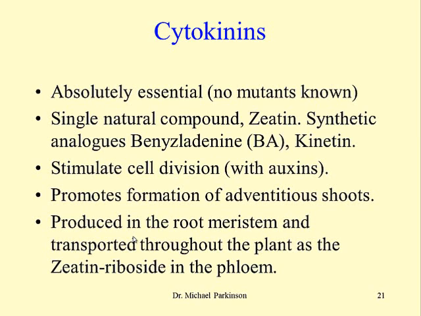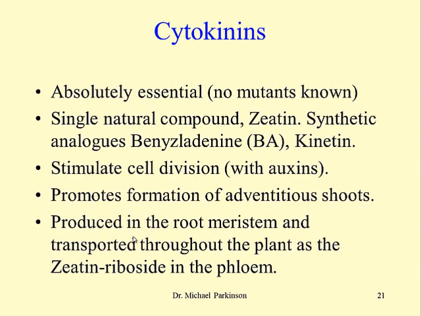And outgrowth of this can be stimulated by explanting the plant, removing the axillary bud from the influence of the shoot tip. It can also be promoted by cytokinins, which will tend to counteract the inhibitory effect of the shoot tip on the outgrowth of axillary buds.